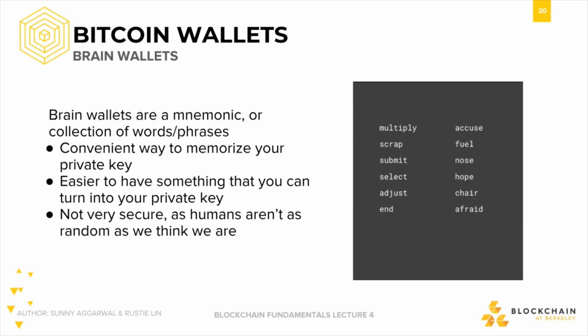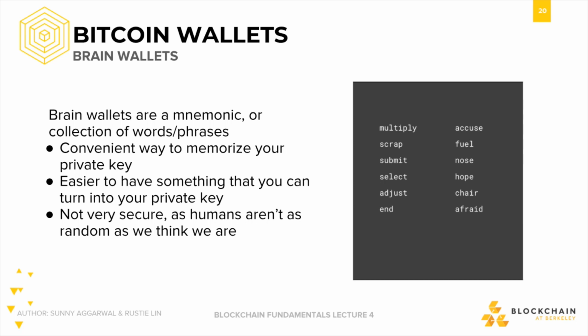After you compile your collection of words, you can pass it through a hashing algorithm, get some arbitrary output, and use that as your private key. If you have your mnemonic memorized, you can always derive this private key. But it's still not perfect because people aren't as random as you think.